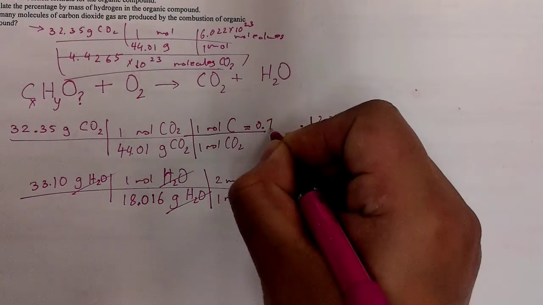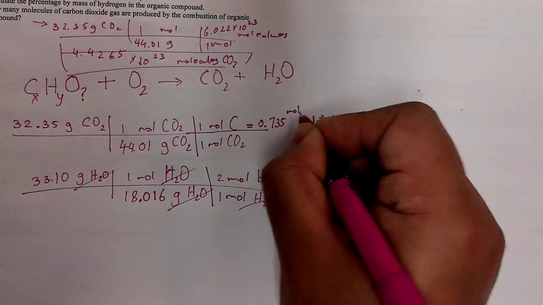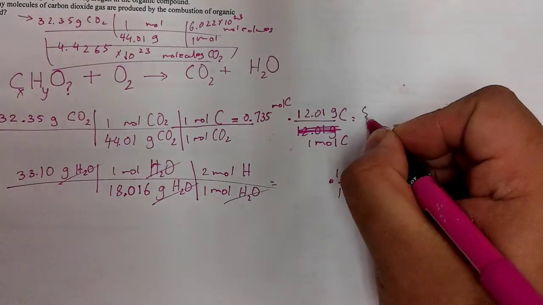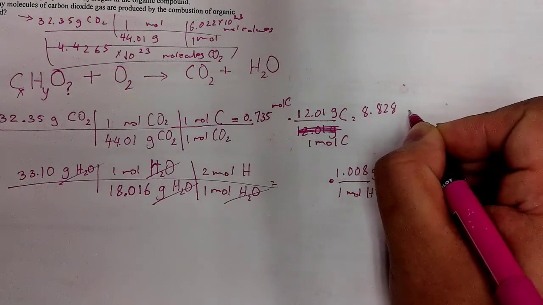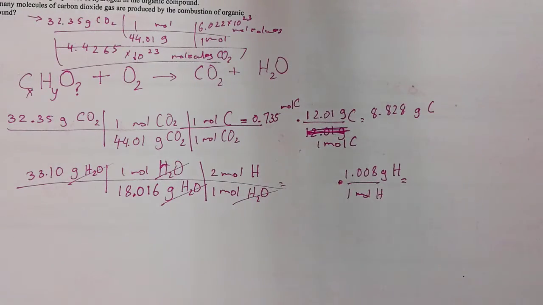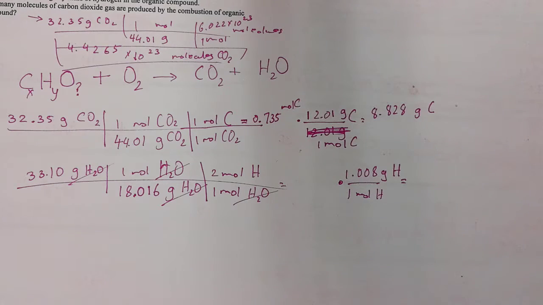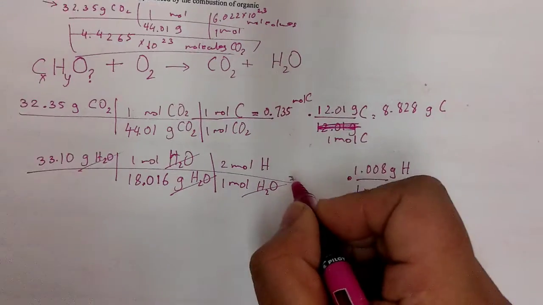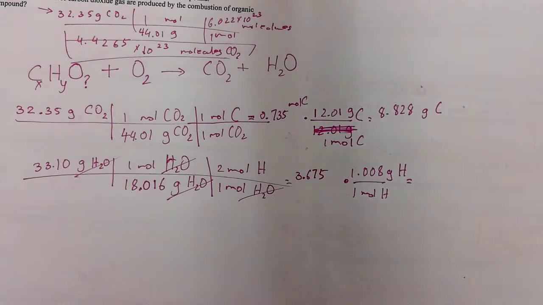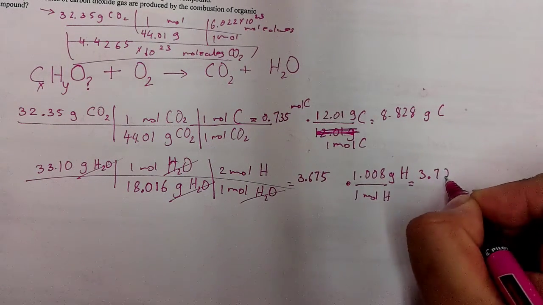So that is 0.735 mole of C, 8.828 grams of C. Leave it at about 3 decimal places so that you don't over round things. Then 3.675, and 3.704.